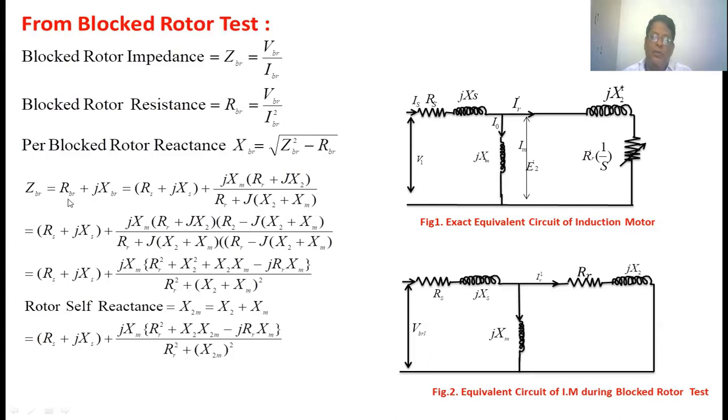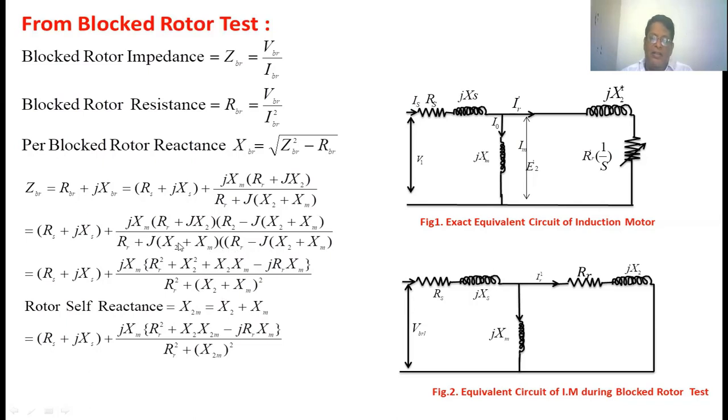This is equal to RBR plus jXBR. Now we are rationalizing this quantity. We multiply the numerator and denominator by Rr minus jX2 minus jXm.